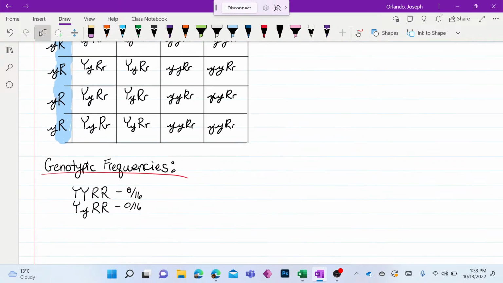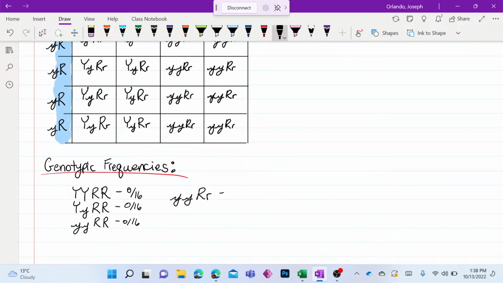What else could you be? Give me the next one. We could be small y, big R, big R. How many of those did we get? Okay, what's the next one we could be? Small y, big R, small r.